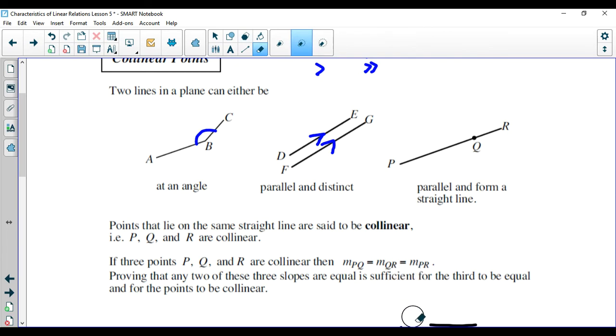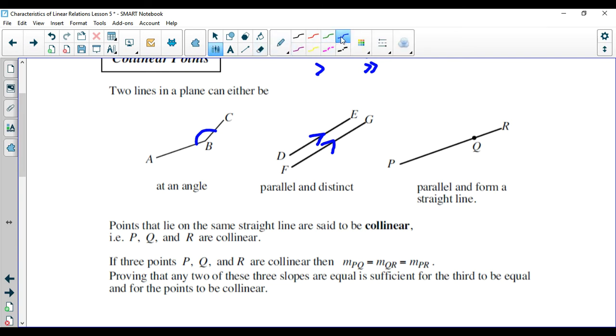Now, it says if 3 points are collinear, then the slope of line segment PQ is the slope of line segment QR is the slope of line segment PR. We already know that because if you have a bunch of line segments on the exact same line, they have the exact same slope.